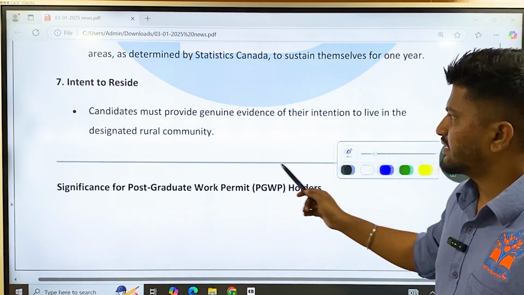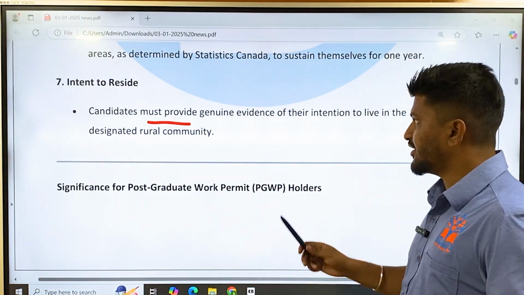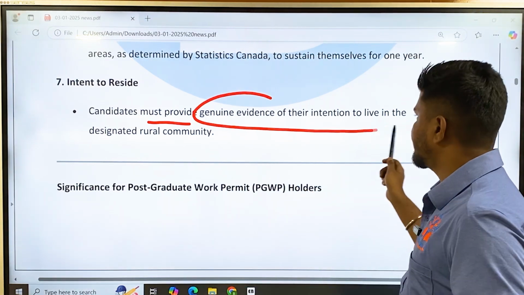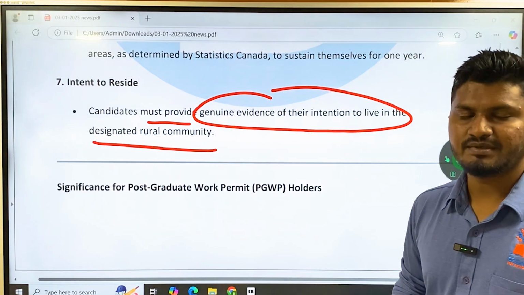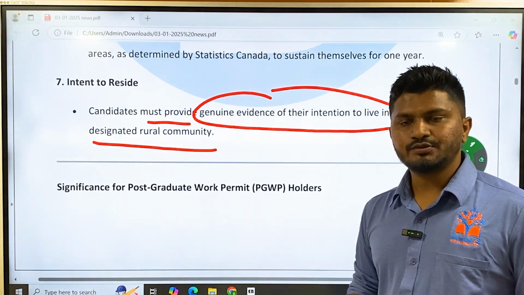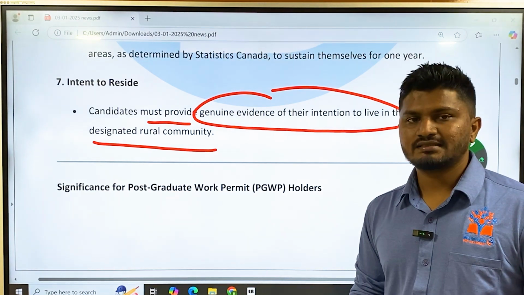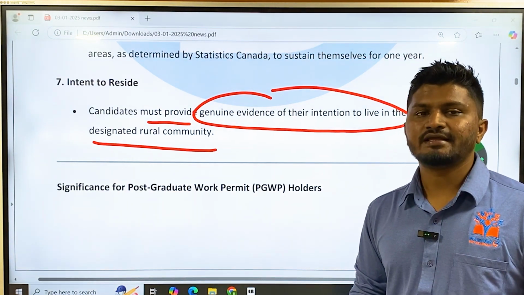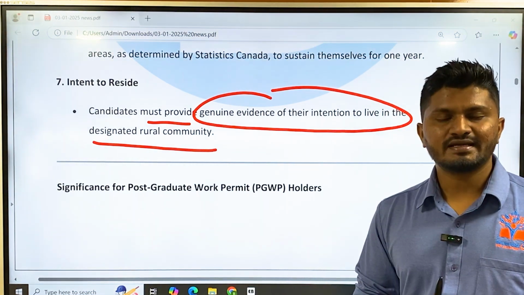That is, candidates who apply for this scheme must provide genuine evidence of their intention to live in the designated rural community. Meaning they have to show genuine evidence that they are going to reside in the particular area once they have completed the 18 months rule or once they have the required eligibility criteria.